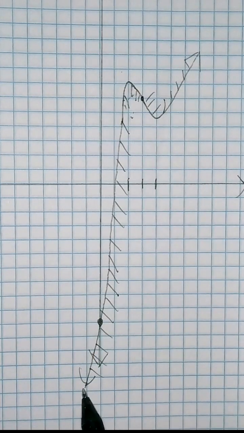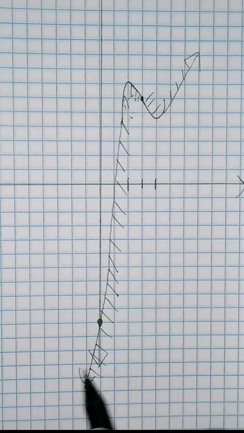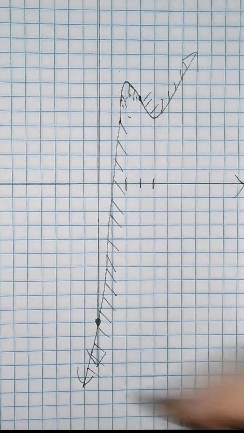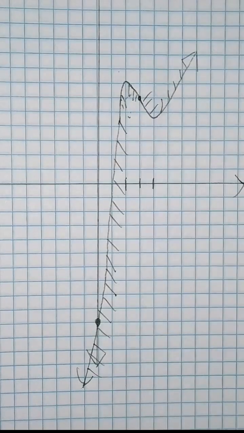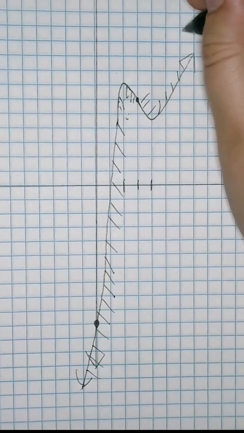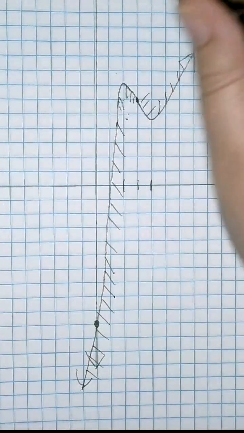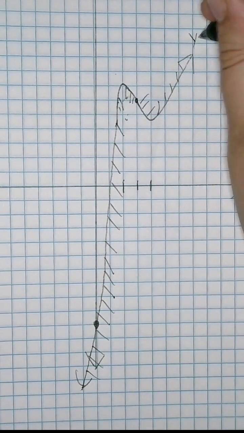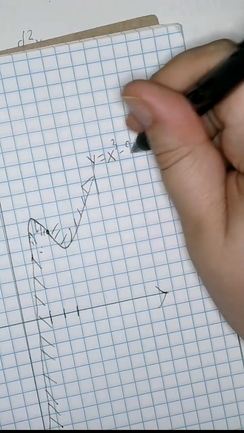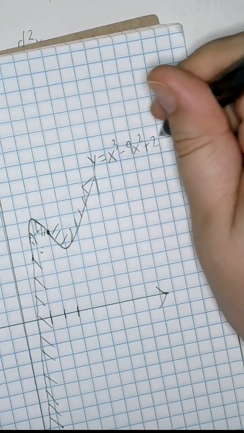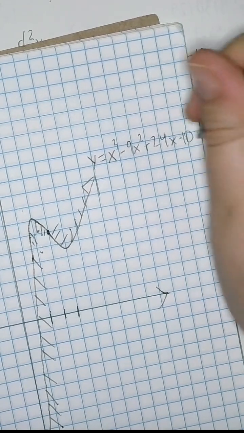So down here, as I go closer and closer to negative infinity, I'm heading down, so that is good. So yeah, this is my best drawing of y equals my function x cubed minus 9x squared plus 24x minus 10.